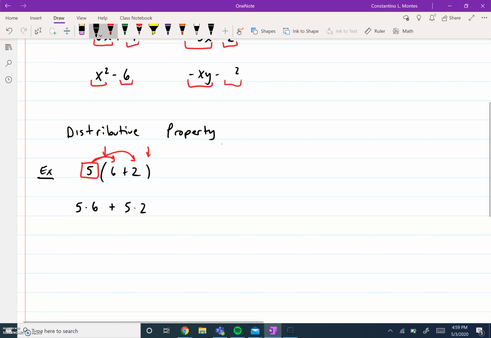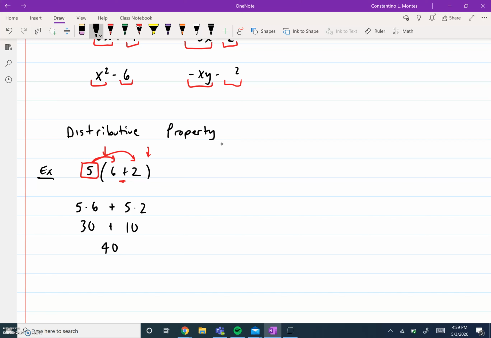We're adding because we are working with a plus here. So 5 times 6 is 30, plus 5 times 2 is 10. The result is 40.